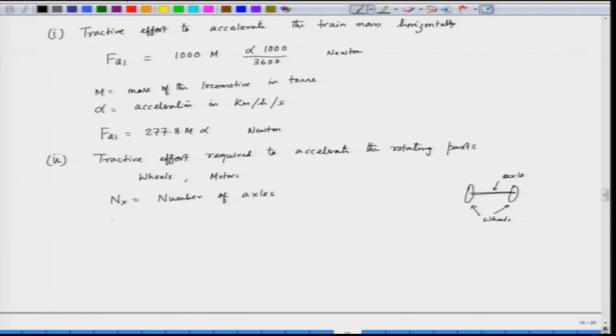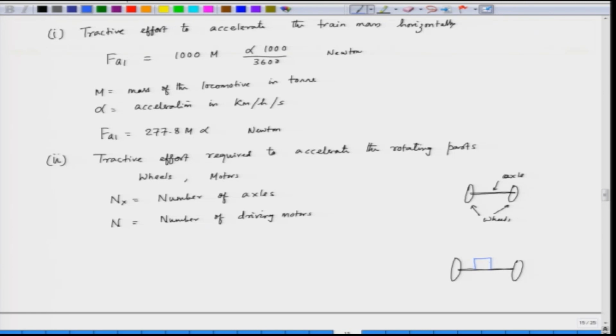And N is the number of driving motors. When the motor is driving the wheel, it is basically sitting on the axle, and this is our motor which is driving the wheel.